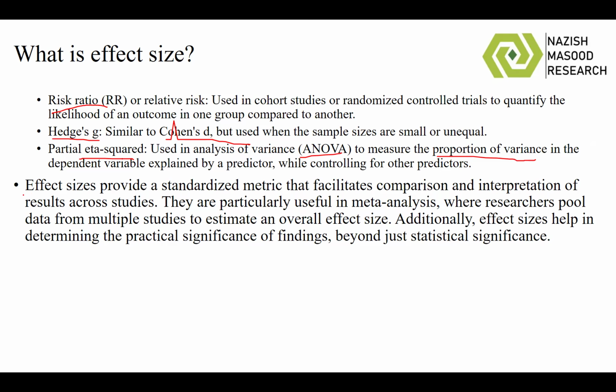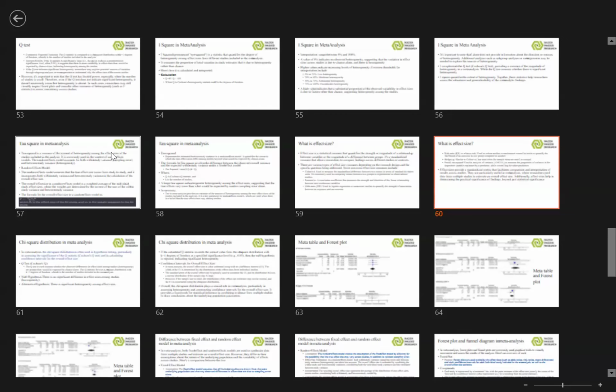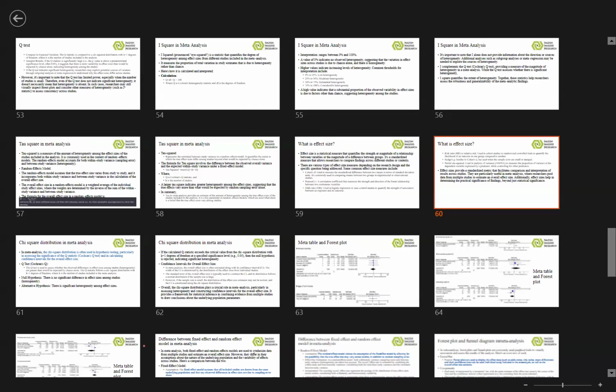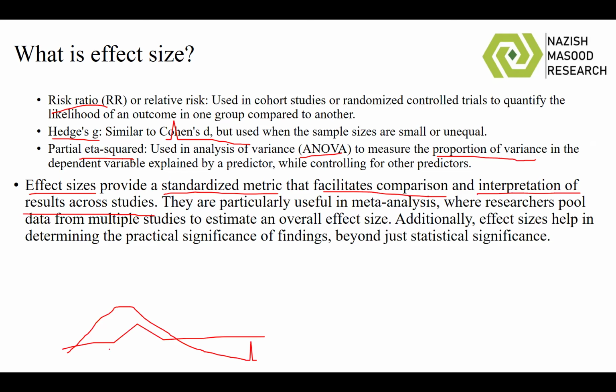So moving on, effect sizes in essence tell us the effect of the primary study that we have taken into the meta-analysis. The effect sizes provide a standardized metric that facilitates comparison and interpretation of the results. You might ask, if we had calculated the Cochran's Q, why did we plot it on the chi-square distribution?